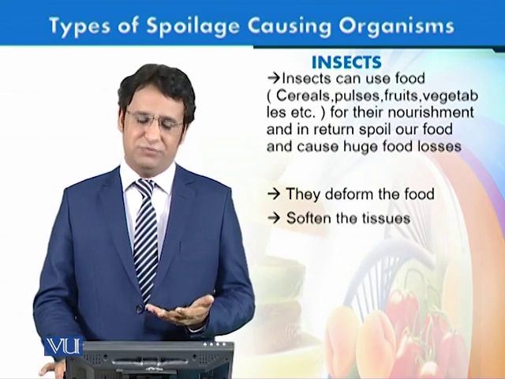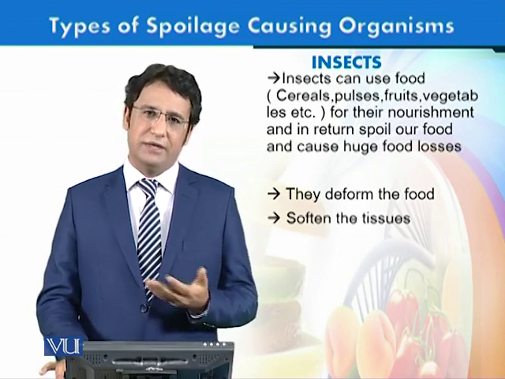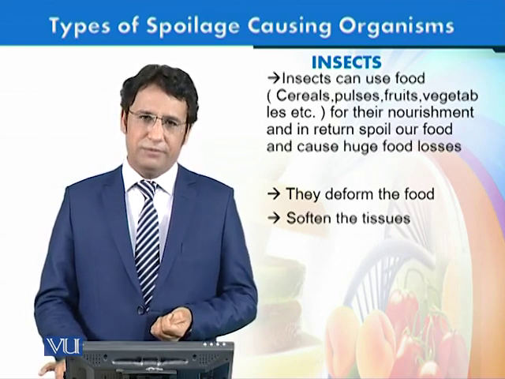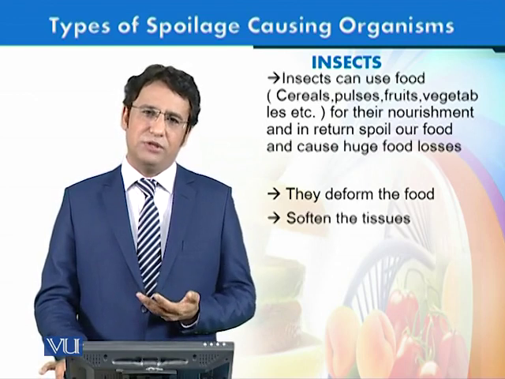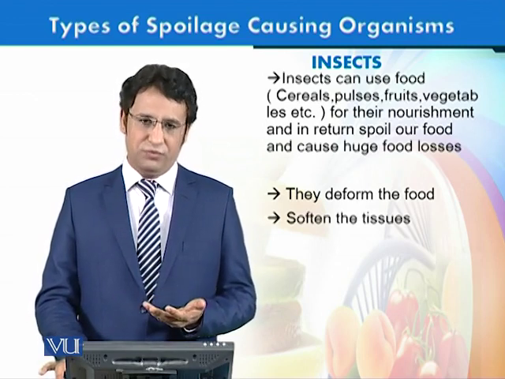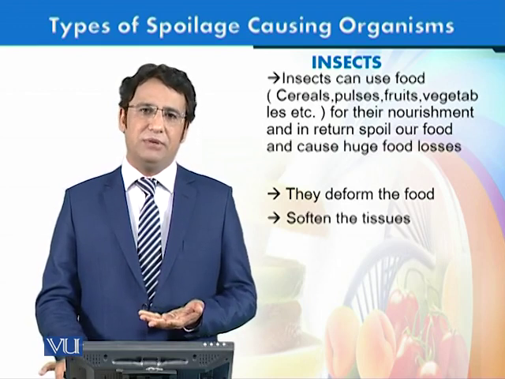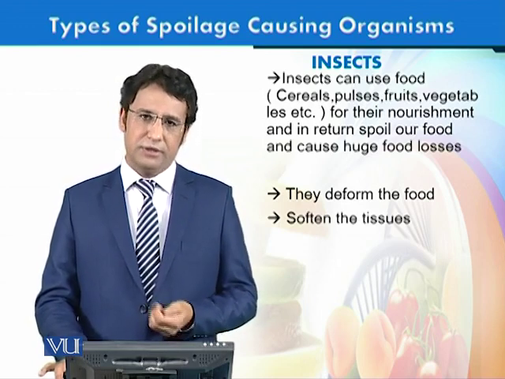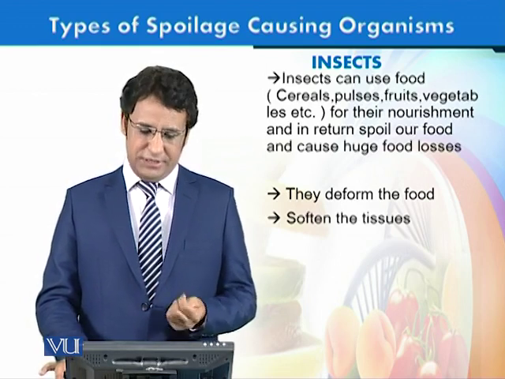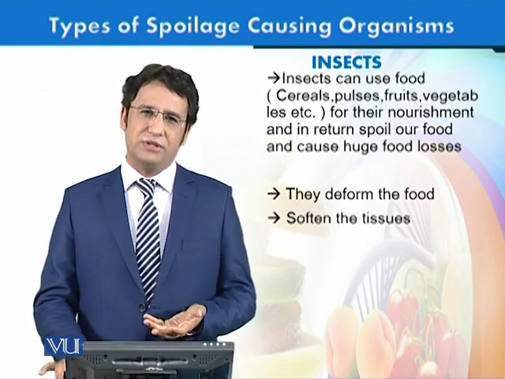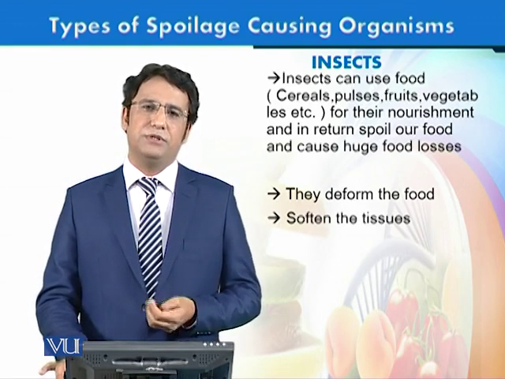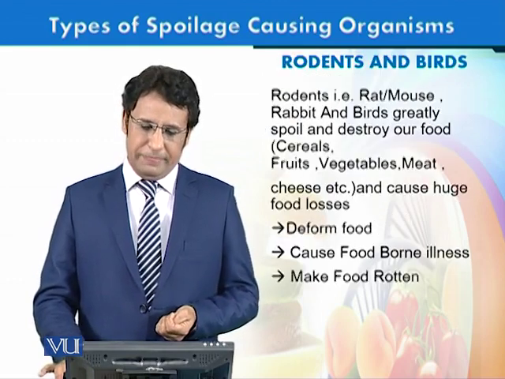They can come from the soil, and they can attack any kind of food. The apparent effect on the food is that they deform it. For example, as I said, most of the grains can be broken down by the action of insects. They also soften the tissue due to the spoilage of food.